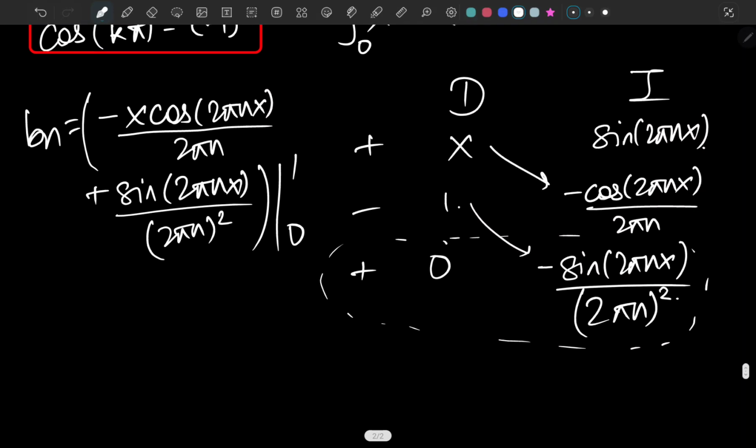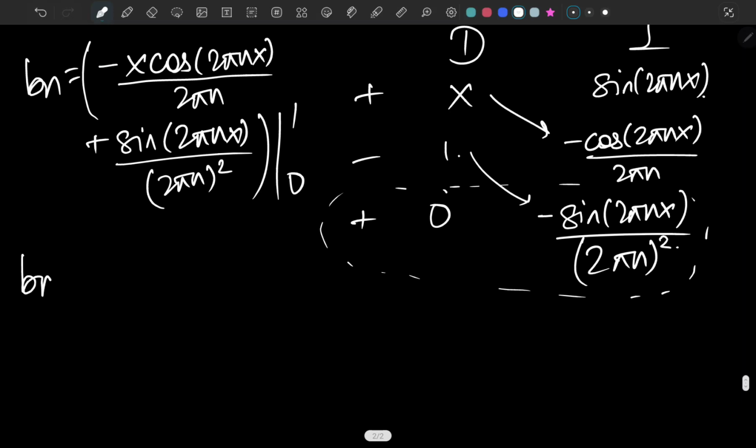Okay, so look, sine of 2 pi n, a factor of pi, is 0. Obviously sine of n pi, or k pi, is always 0, and sine of 0 is also 0, so we just got rid of that. And we have b sub n as, when we plug x equals 1 here, that's going to be minus 1.